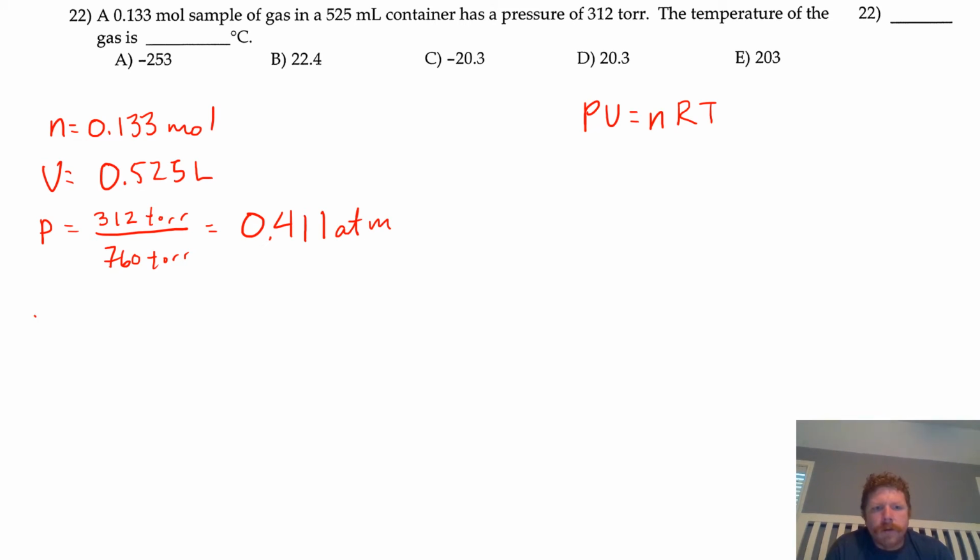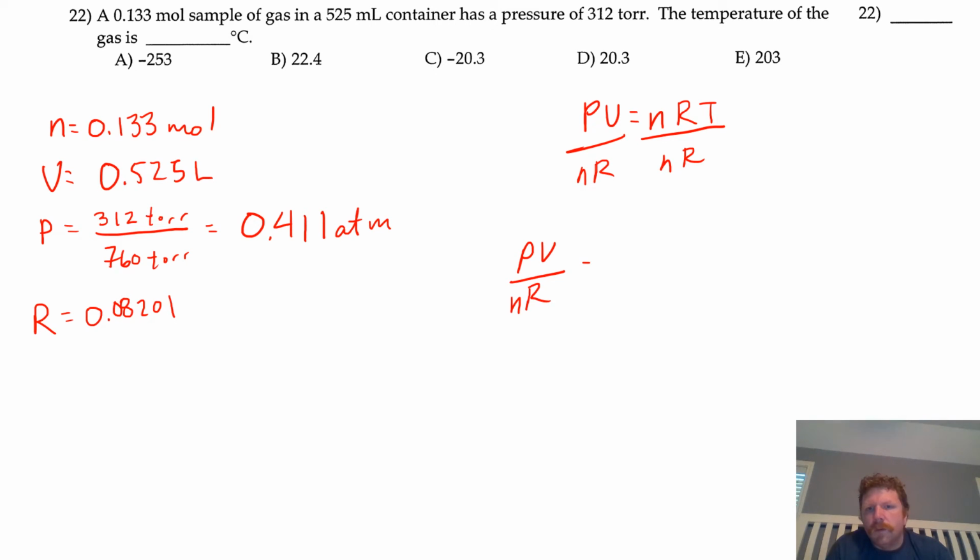My R value is going to be my constant, 0.08201. And what am I solving for? I'm solving for my temperature, so I need to manipulate this equation so that I divide each side by nR, and I'm left with PV over nR equals T. I've got P, I've got V, I've got n, I've got R. Everything that I need to solve for this equation.